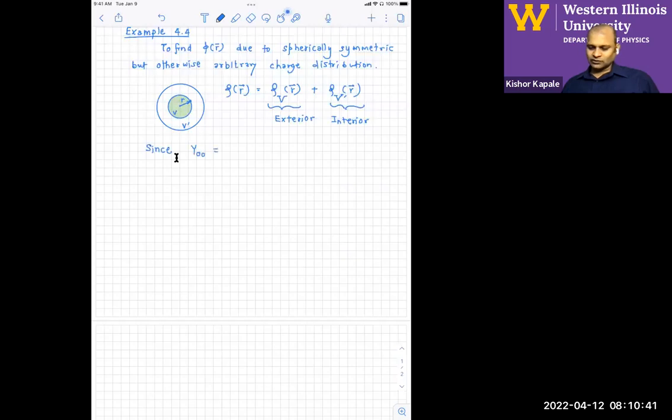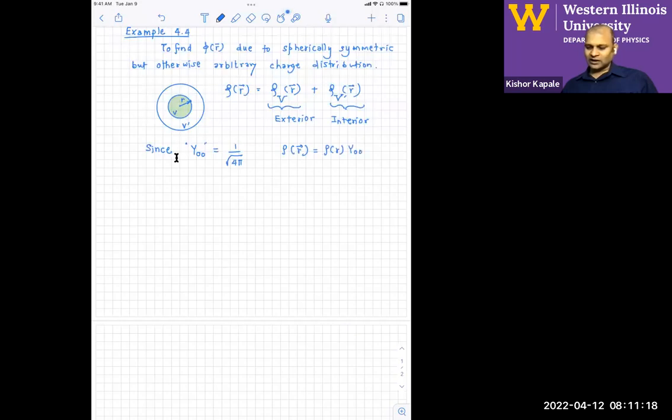Anytime you have a one or a constant, you have to identify it with most probably the lowest element, or a certain linear combination of some of the lowest elements of the set of functions you're using for expansion. So here, recalling Y00 is 1/√π, we're going to say that the charge distribution that's been given to us, immaterial of the constant in front, I'm going to write it as rho of r Y00.